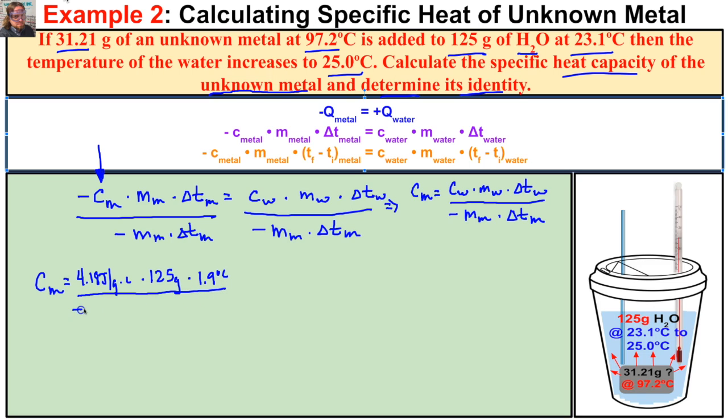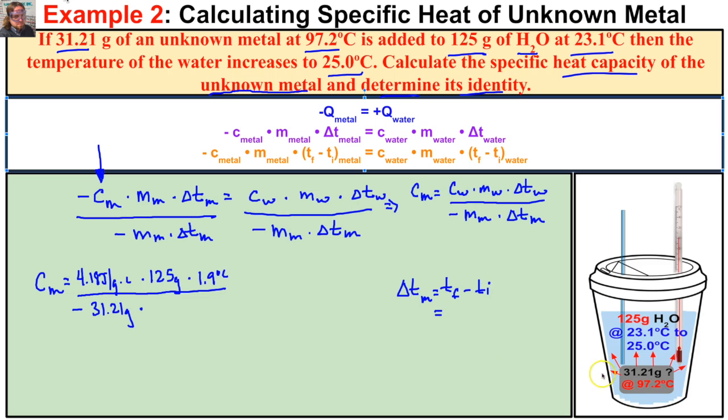the negative value of the mass of the metal. The mass of our metal here is 31.21 grams. Times the change in temperature of our metal. So let's figure out what the change in temperature of our metal is. To get the change in temperature of our metal, we take the final temperature minus the initial temperature.